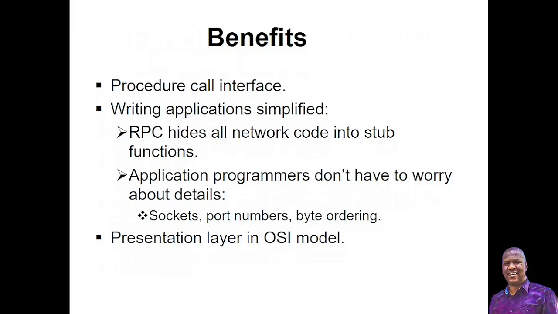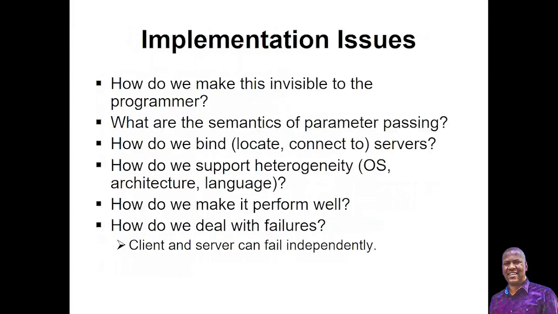It also mimics the kind of layered arrangement that the OSI model, open system interconnection, presents. These are some of the benefits that you can get when using the stub.